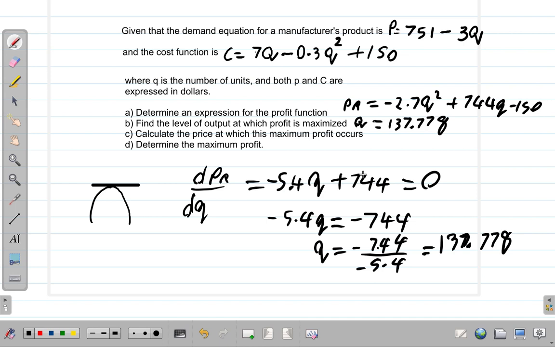Now, calculate the price at which this maximum profit occurs.